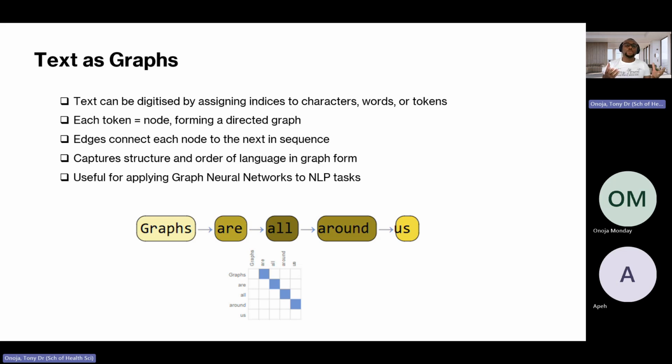And this is to help us capture that structure or ordering in the language. Now, usually when we are dealing with natural language processing, it is very useful.